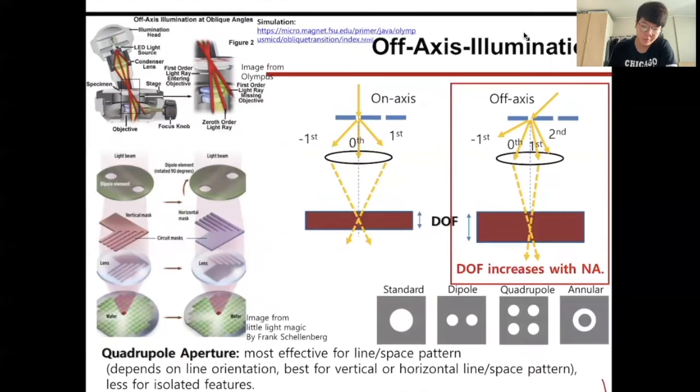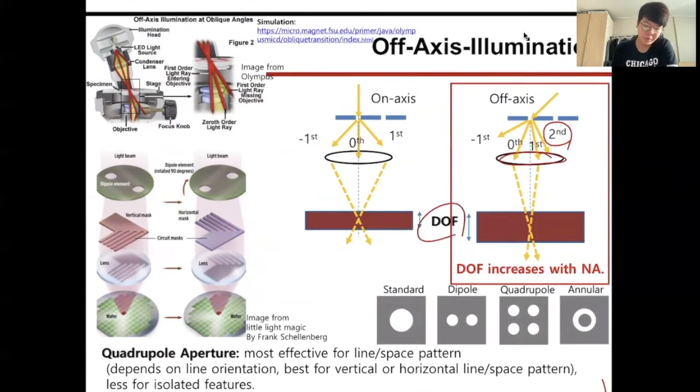Also, there is an advantage in using higher diffracted light waves, so we can get higher resolutions.